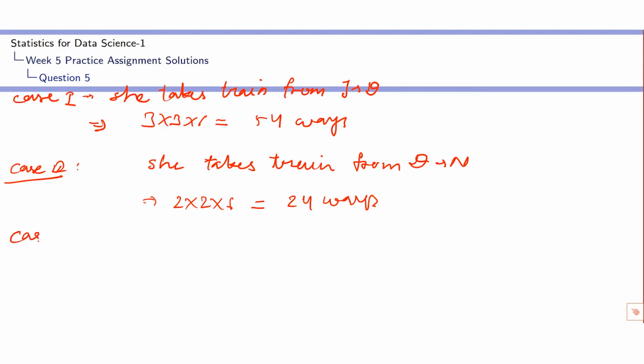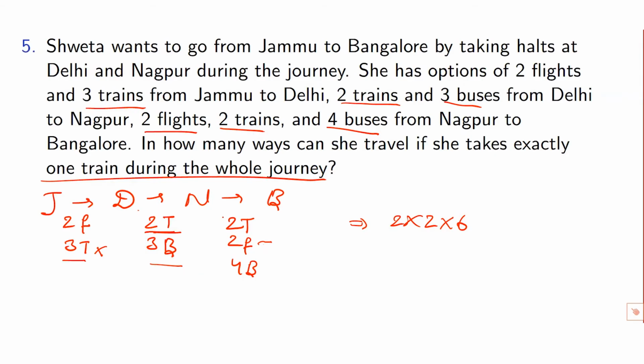And the last case, third, if she takes train from Nagpur to Bangalore, in that case she can take 2 trains from Nagpur to Bangalore. So 2 options here, and she cannot take train from Delhi to Nagpur. So she has options of 3 buses, and from Jammu to Delhi she cannot take train. So she has options of 2 flights only. So the total number of ways she can travel is equal to 2 into 3 into 2.